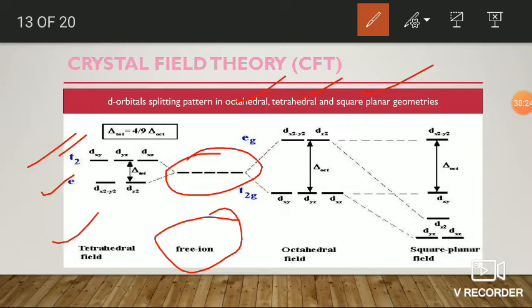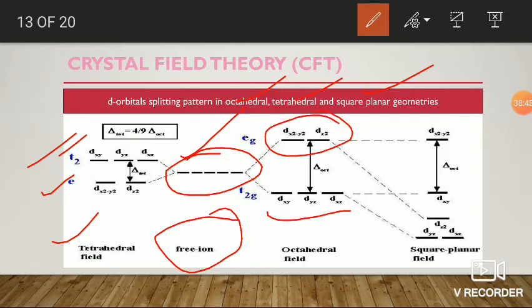The free degenerate 5 d orbitals in octahedral complexes split into two sets, as in tetrahedral, the eg and t2g sets, but it is quite the reverse of tetrahedral complexes. The t2g set gets a lower energy level, and the eg set enters a higher energy level.